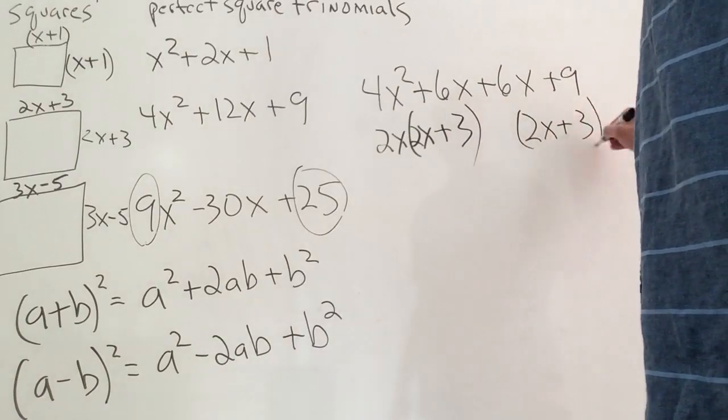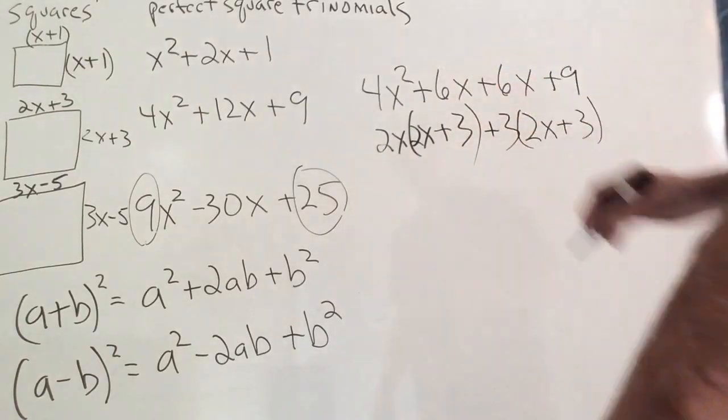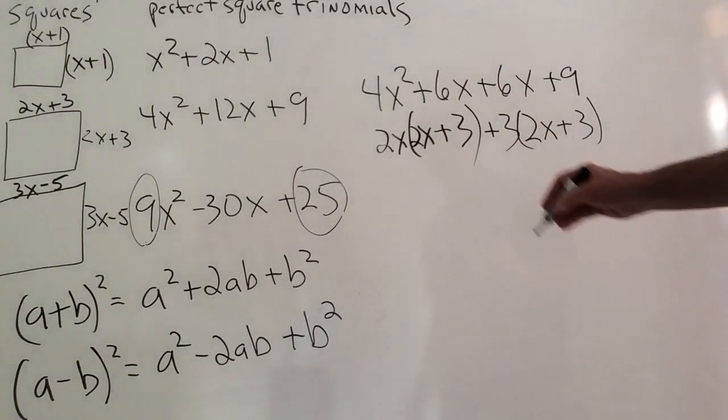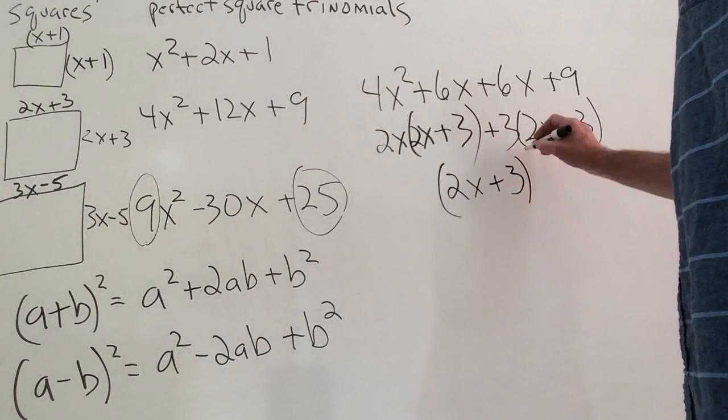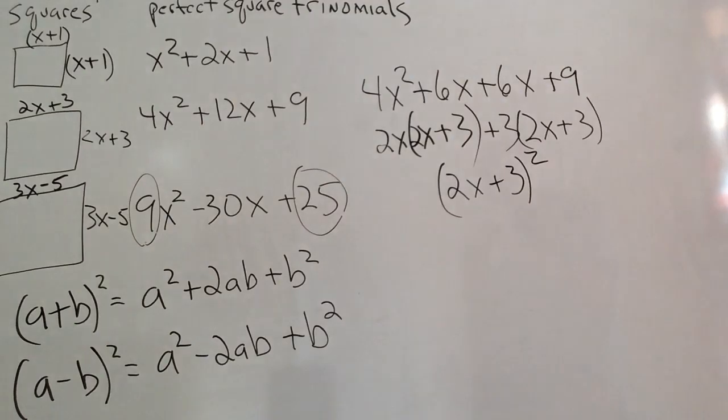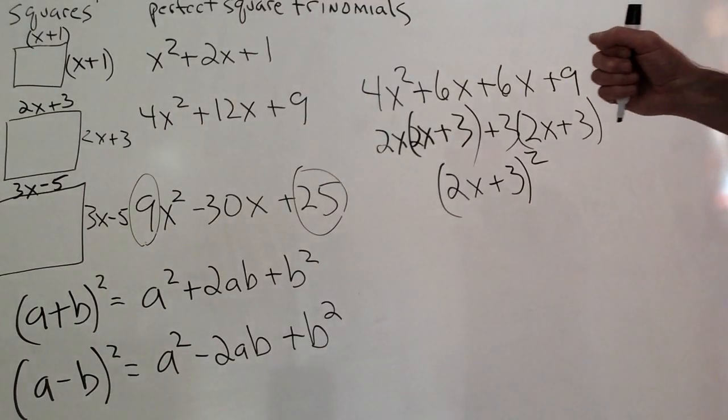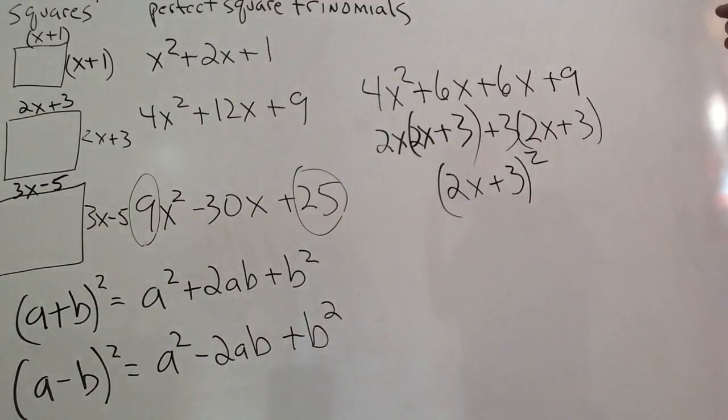Plus 3, and there you can see it all over again. 2x plus 3 squared. Okay? So this is just showing you that the method that I taught you before always works. It doesn't matter, as long as it's factorable, of course.